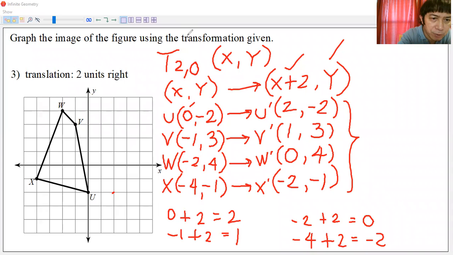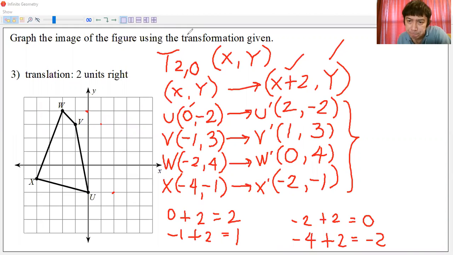Okay, (1, 3) over here. And then we'll continue with (0, 4). That is up here. Let me do it exactly. It must be somewhere here. Close enough.